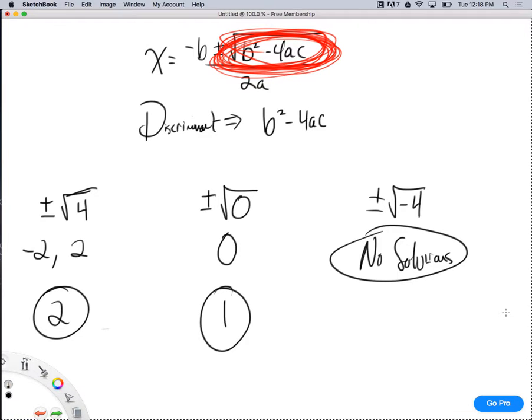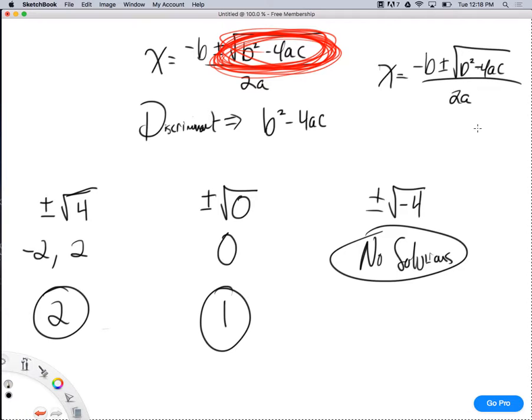Well, take a look at the discriminant. I'm going to write it over again. X equals negative b plus or minus square root b squared minus 4ac all over 2a. Let's say the discriminant is positive. If the discriminant is positive, it doesn't matter what this or this are.